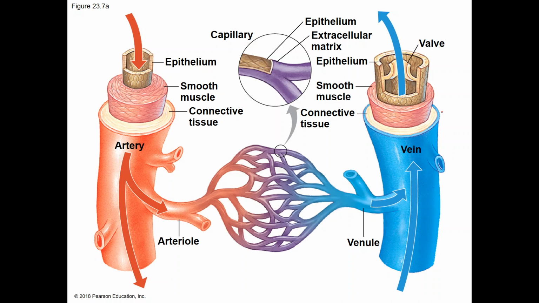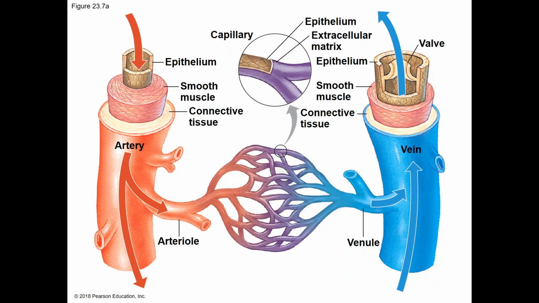Veins have thin inner walls because they have lower blood pressure and lower velocity. They allow blood flow towards the heart through these thin inner walls. And then capillaries, as I mentioned, this is where all that oxygen exchange takes place.